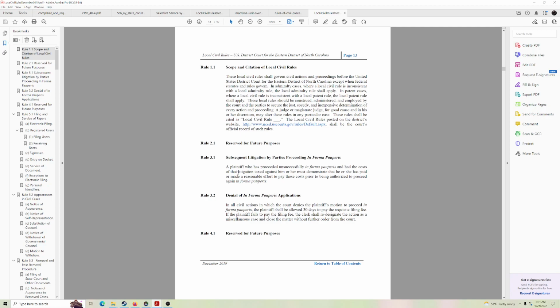Local Civil Rules, U.S. District Court for the Eastern District of North Carolina, page 13. Rule 1.1, Scope and Citation of Local Civil Rules. These local rules shall govern civil actions and proceedings before the United States District Court for the Eastern District of North Carolina, except when federal statutes and rules govern.